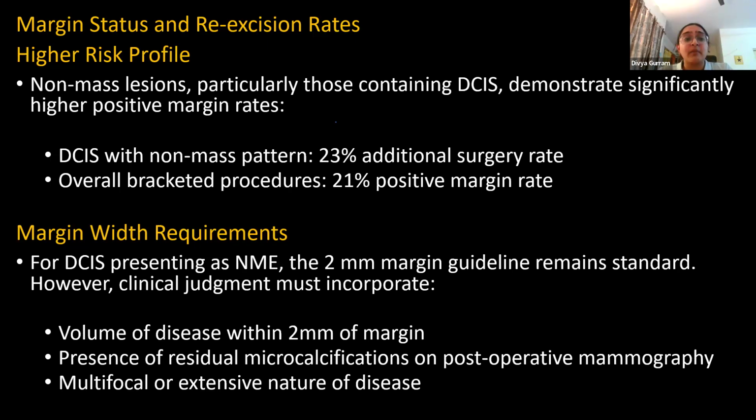And coming to margin width requirements, for DCIS presenting as non-mass enhancement, generally the 2 mm margin guideline is standard, but clinical judgment should also incorporate the volume of the disease within the 2 mm margin, what the presence of residual calcifications on post-operative mammography looks like, and how the non-mass lesion is presenting. Is it multifocal, and what is the extent of the disease? So all these things are considered when planning breast conserving therapy.